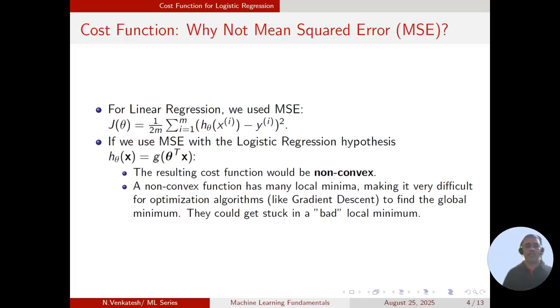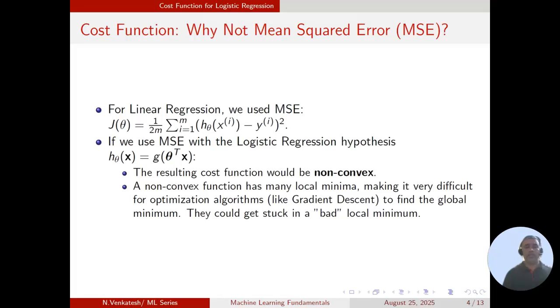The reason is, if we use this hypothesis function g of theta transpose x, then it will become a non-convex function. That means it may have many local minima, and it is very difficult for gradient descent to find a global minima. It may get stuck in a bad local minima. So that is the reason we are not going to choose this mean squared error cost function.